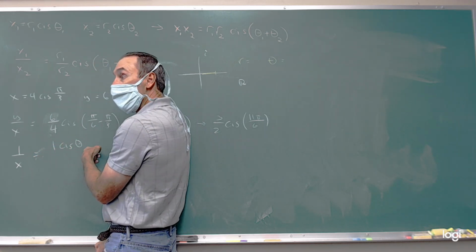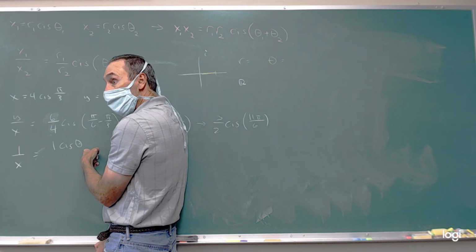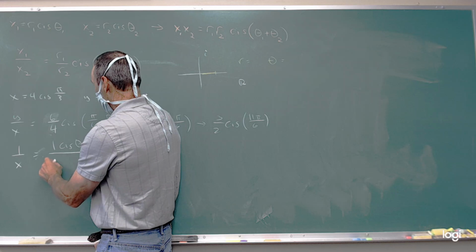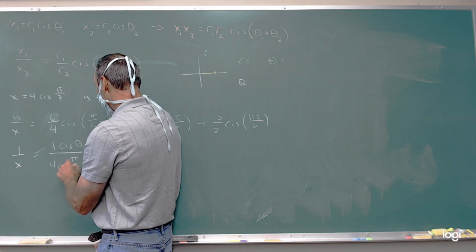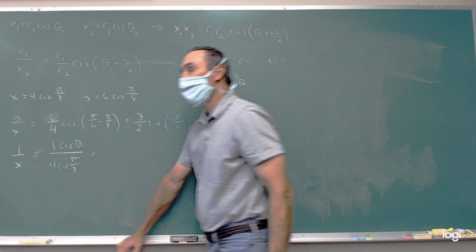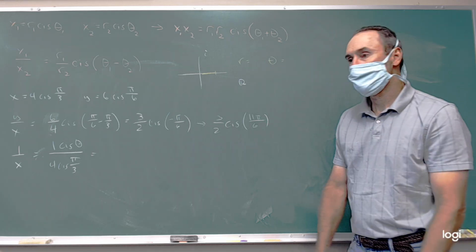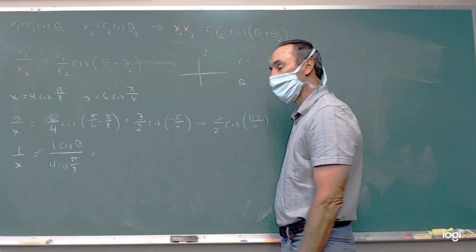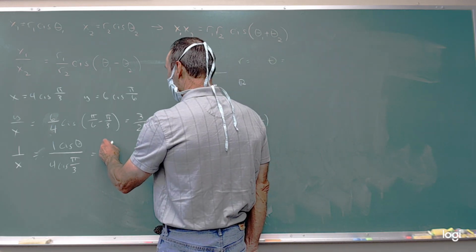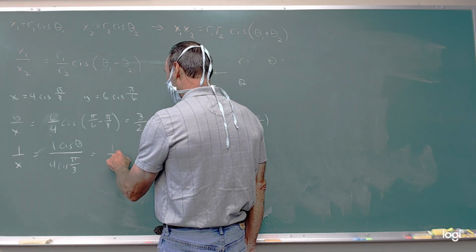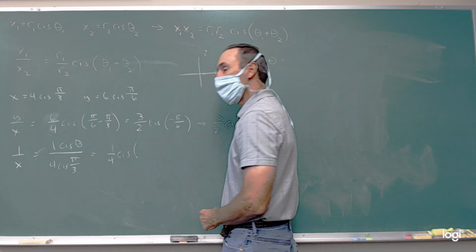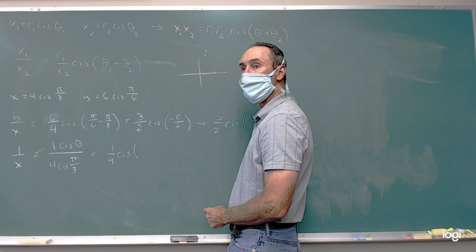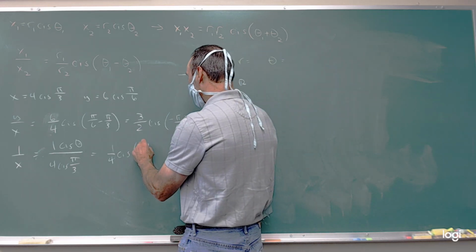That is 1 in polar form, cis form. And we already have the 4 cis pi over 3. And so we get 1/4 cis negative pi over 3 would be okay.